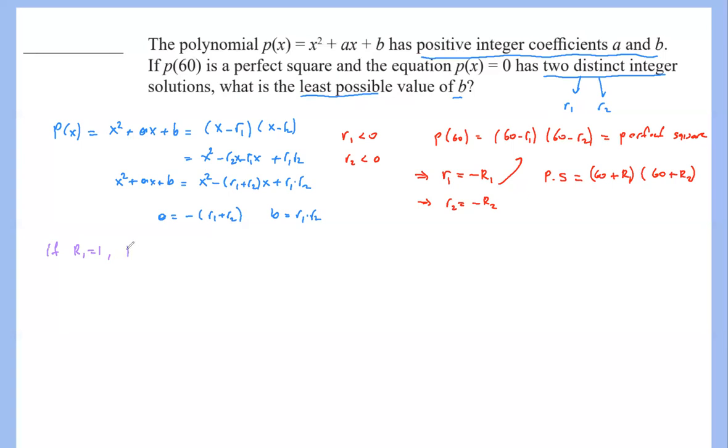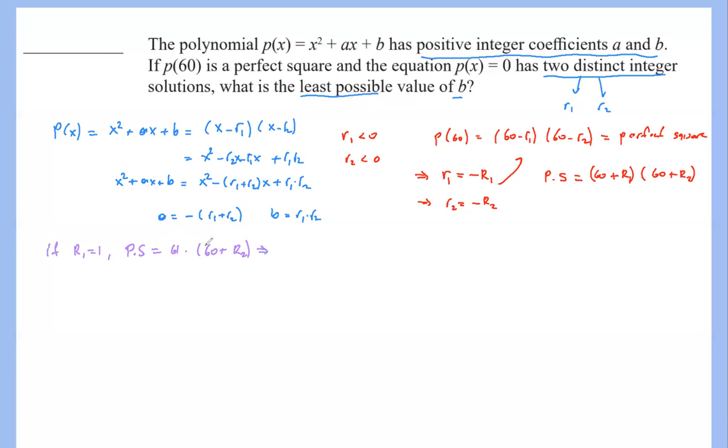So then let's plug into this equation. I have PS, which is the short way of writing perfect square, equals, if R1 is 1, 60 plus 1 is 61 times 60 plus R2. And our goal is to get a number for R2, larger than 1, that will make this product a perfect square.